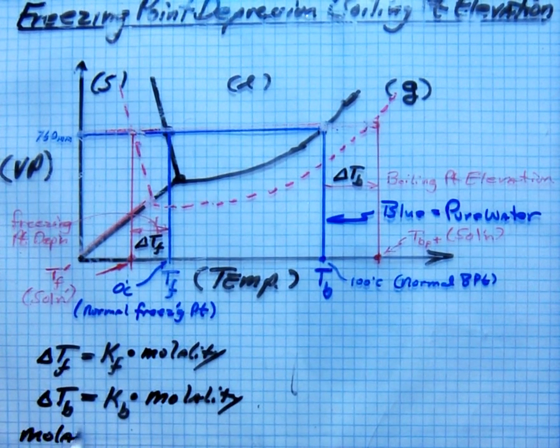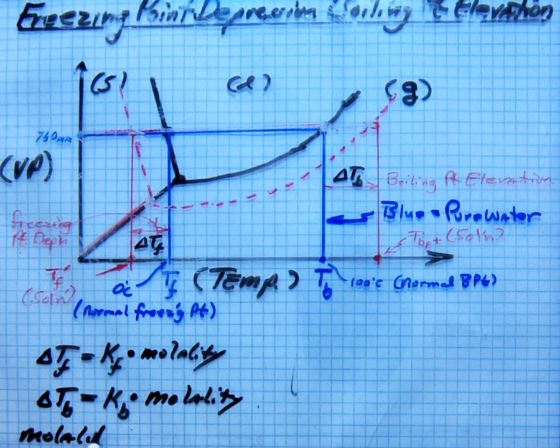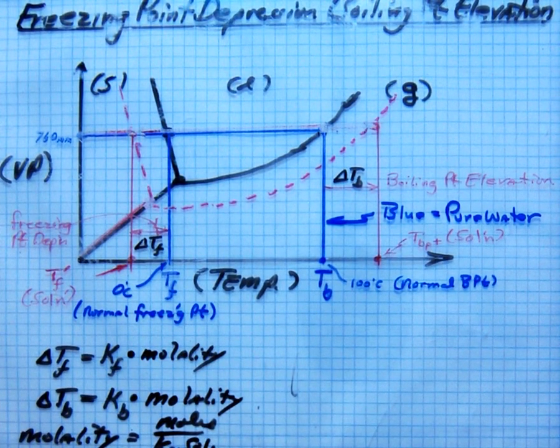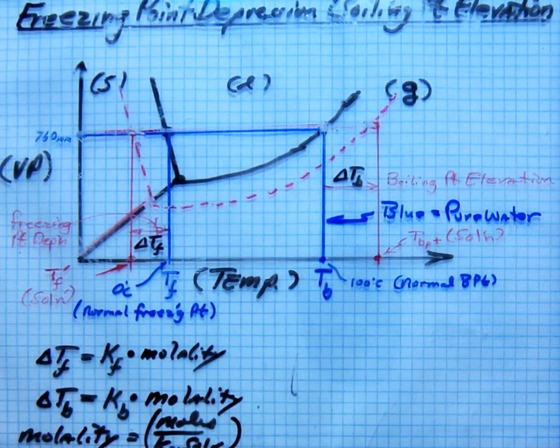Molality is moles over kilograms of solvent, just to remind us what's going on. Now, water will be the problem we'll be using. We'll put glucose in a certain molal solution into water.